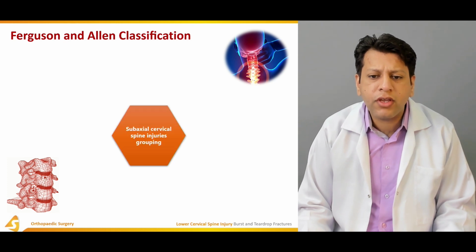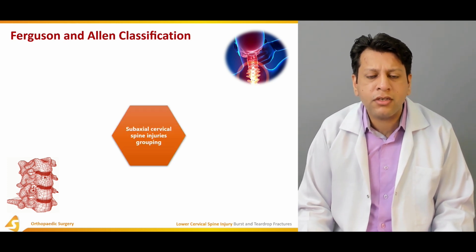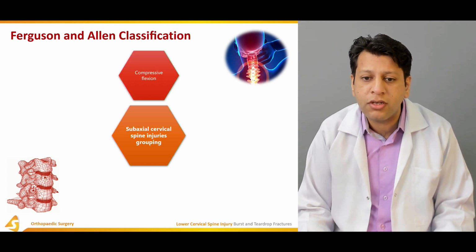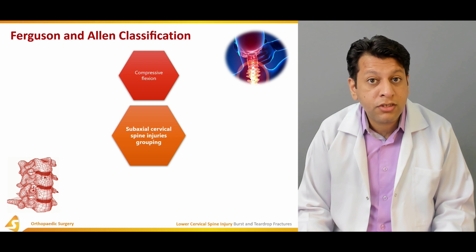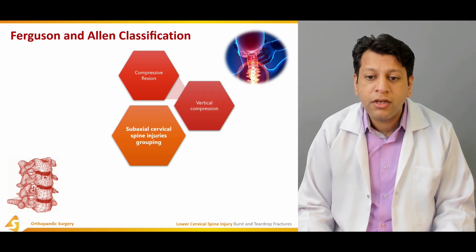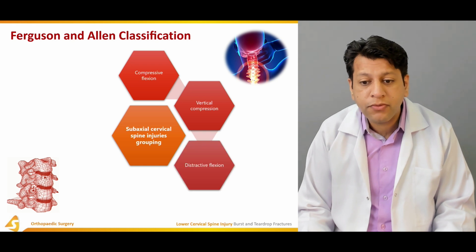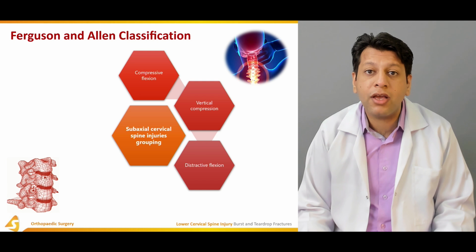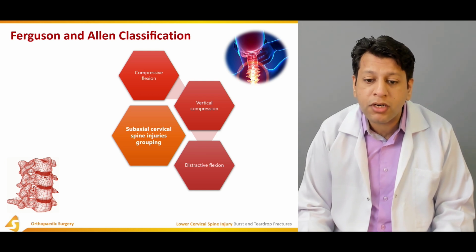The Ferguson and Allen classification actually defines the subaxial spine fractures based on morphology. It could be a compression fracture due to subaxial loading over the neck. It could be a vertical compression. It could be a distractive flexion, in which there is hyperflexion as well as forward translation of the vertebra.